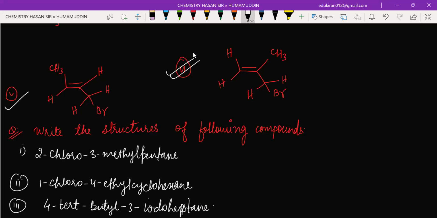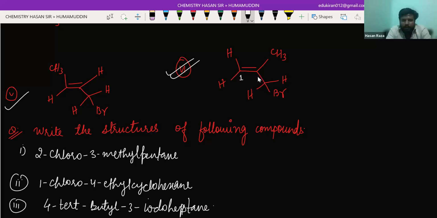The sixth one I'm not getting properly. Not a problem. See, you need to do the numbering from where the double bond gets the lowest position, 1, 2, 3. Now, if you go like this, you will get only 3 carbon, and a sub branch. So we will move like this. Now the name will be: at the third position, there is bromine, so we write 3-bromo.